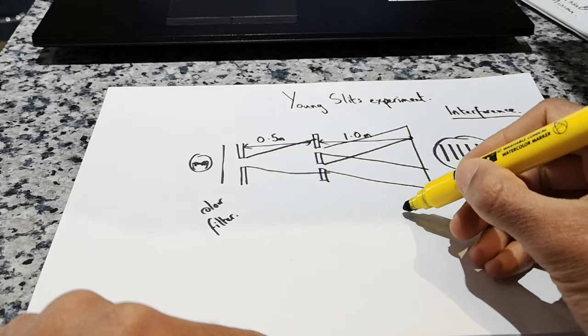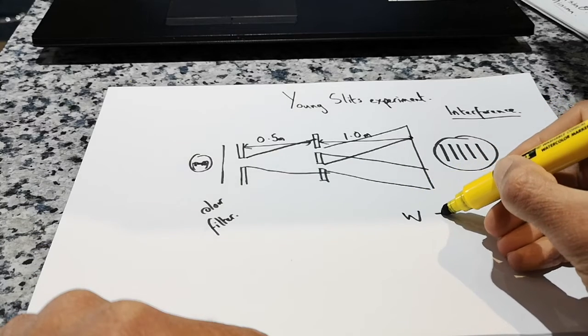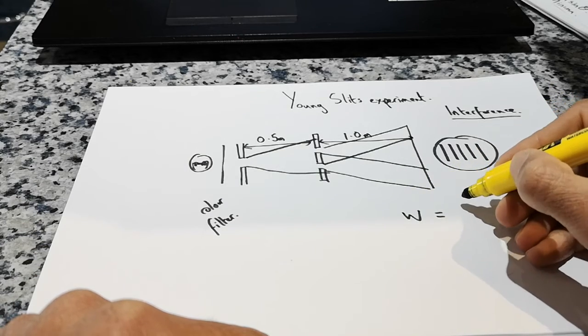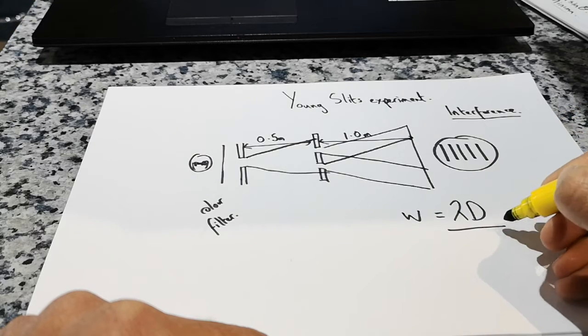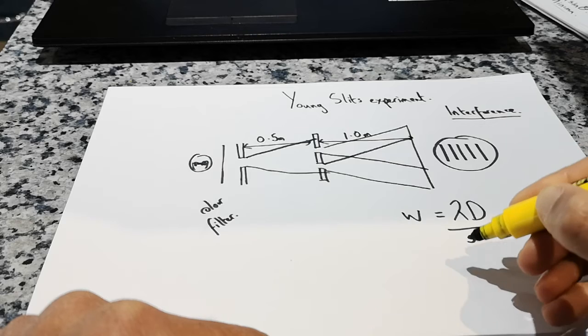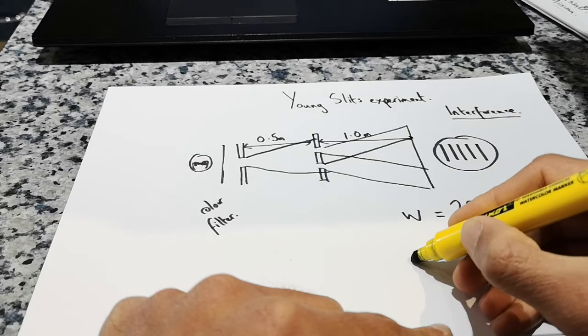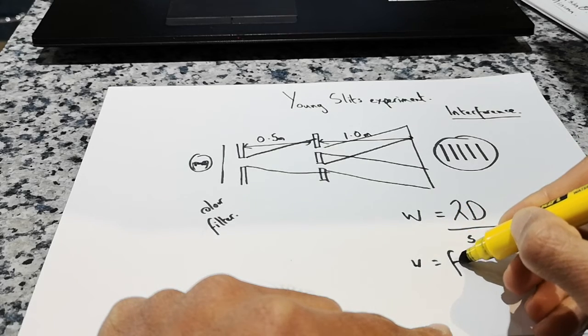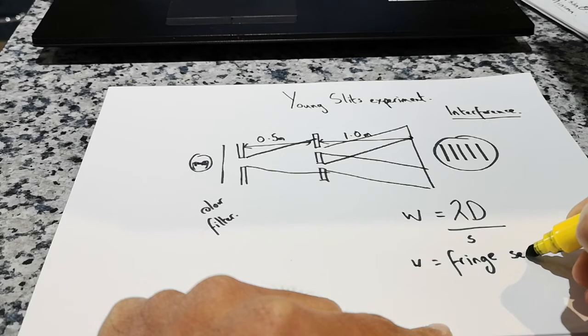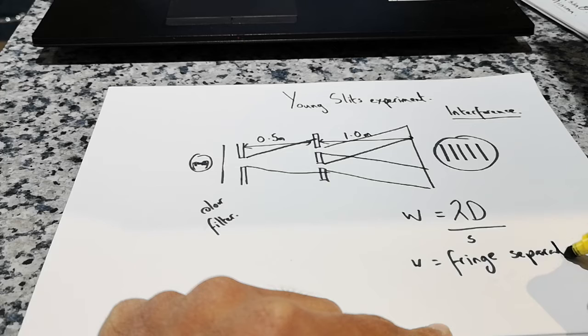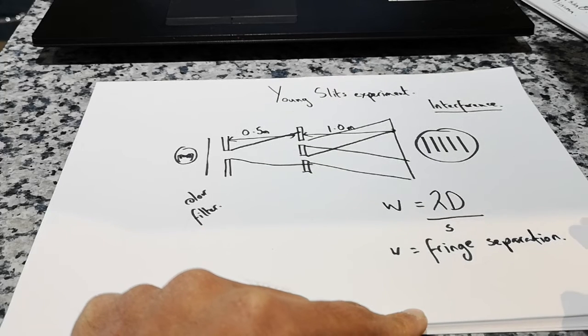The equation is W equals the wavelength times D over S, where W is the fringe separation. Lambda we already know.